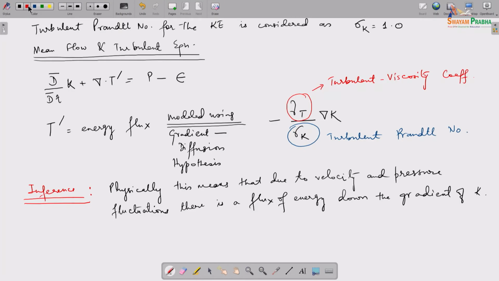Physically, this means this. Then mathematical simplification.